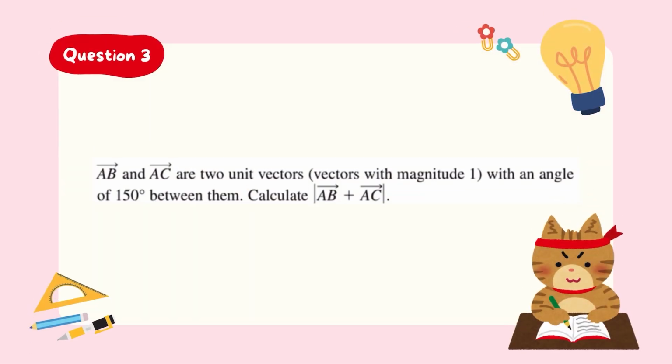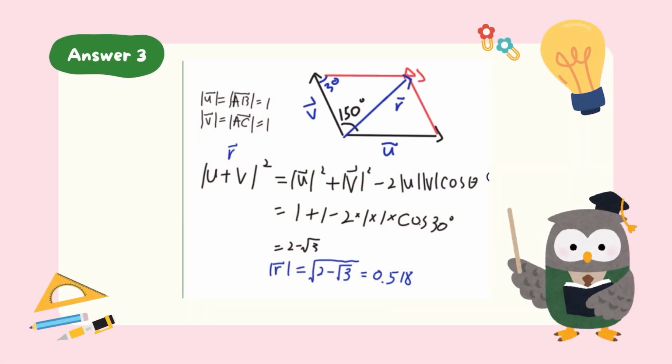And question 3: AB and AC are two unit vectors with magnitude 1, with an angle of 150 degrees between them. Calculate the magnitude of AB plus AC. First of all, it is given that the magnitude of AB equals the magnitude of AC equals 1. So we can simply do a parallelogram, and then we can get the result.